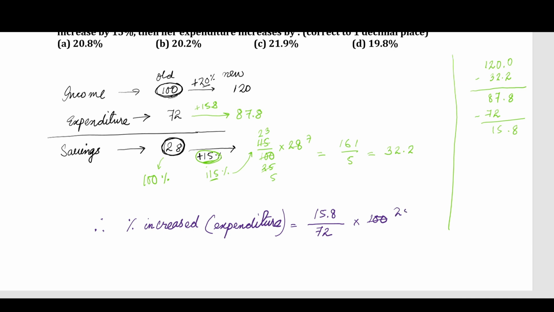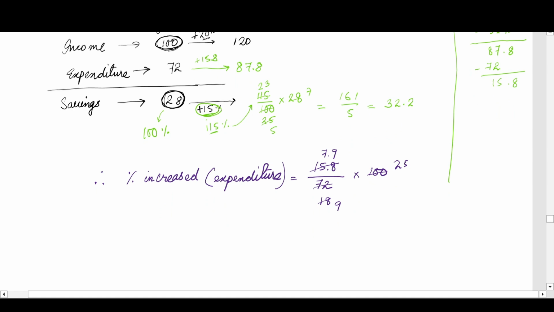4 into 25, 4 1 is 4, 4 8s are 32. 2 9s are 18, 2 7s are 14, 2 9s are 18.